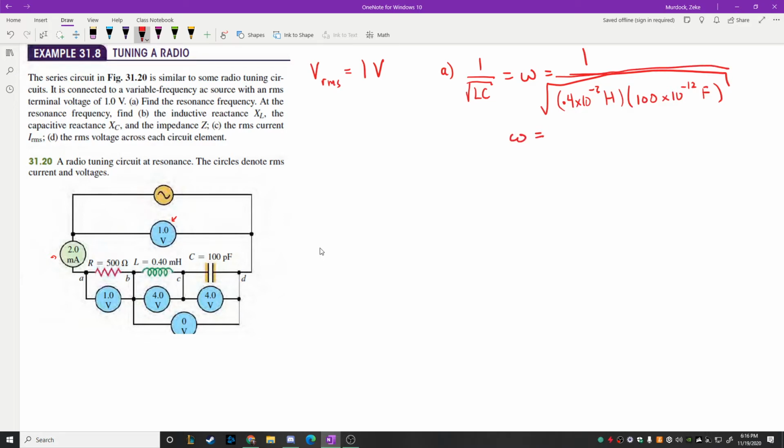What's that equal to? Can you all calculate? So I get like 1.58.